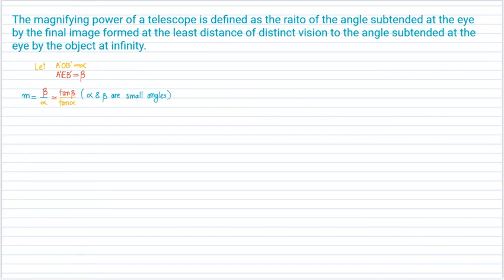So from the figure, tan beta is the ratio of the opposite side A dash B dash by the adjacent side B dash E, or also E B dash.